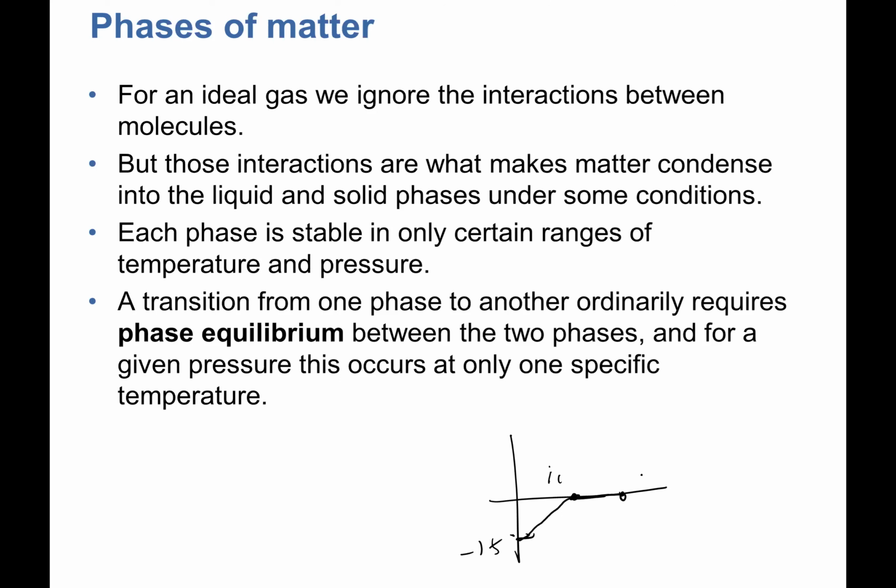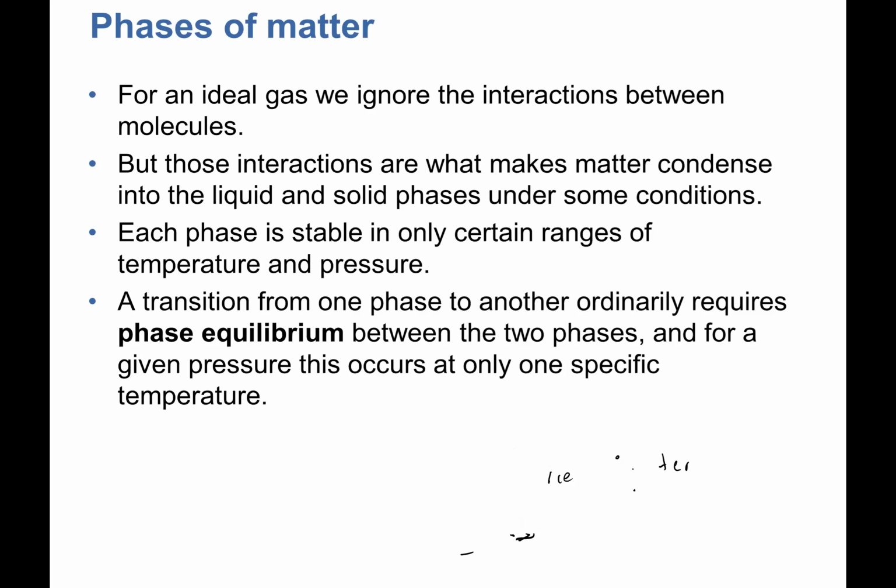So this is ice, this is water, but both of them are at 0 degrees Celsius. That means at this stage, you have a phase equilibrium. You have the same temperature for ice and for water. This is known as a phase equilibrium between two phases.